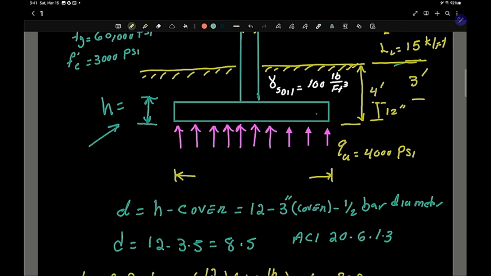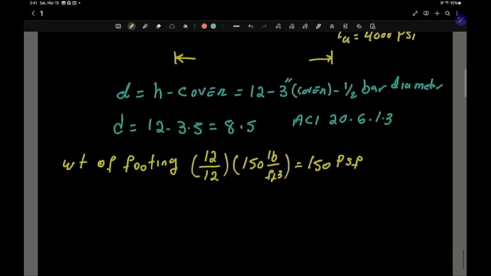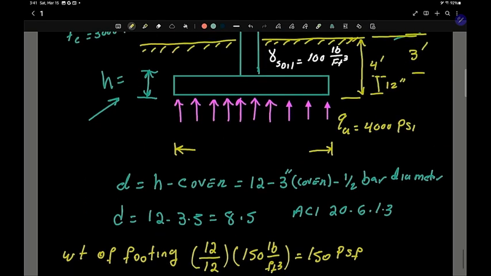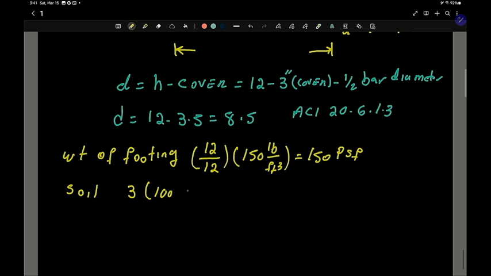And as we make this thicker, the soil becomes less on top. So the soil is going to be 36 inches, which is 3 feet, times 100 pounds per cubic foot, which is equal to 300 pounds per square foot. So the total of this becomes 450 pounds per square foot. That is for h equal to 12.